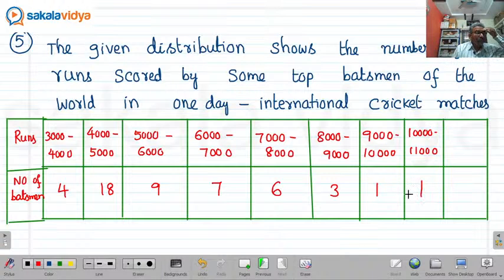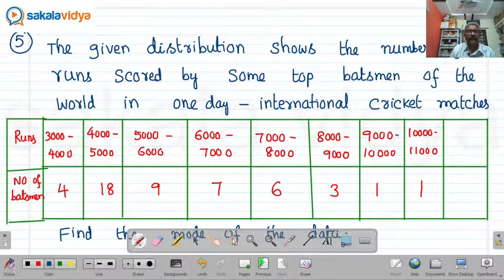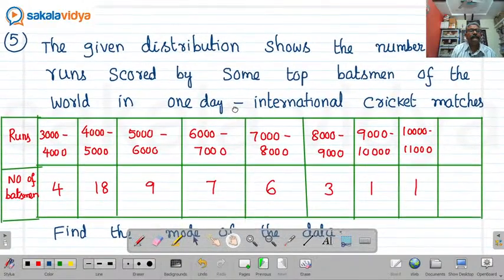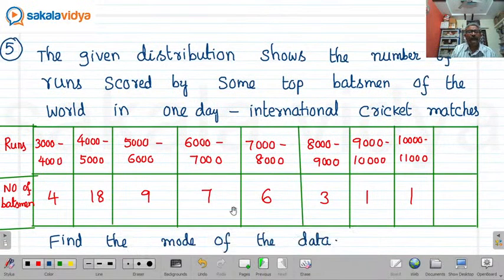So now find the mode of the data. You are just asked to find the mode of the data. That means maximum frequency is enough for this one. So what is the maximum frequency here?